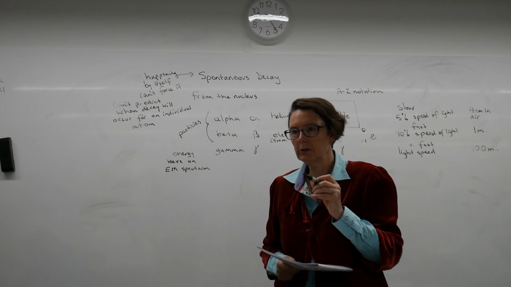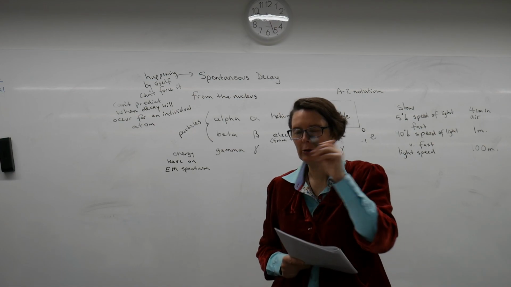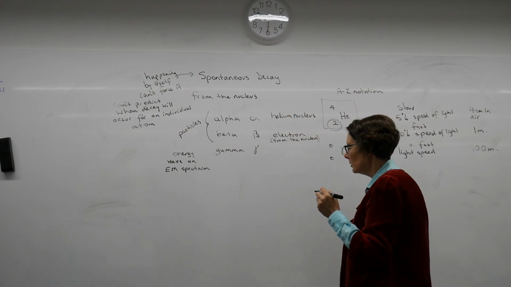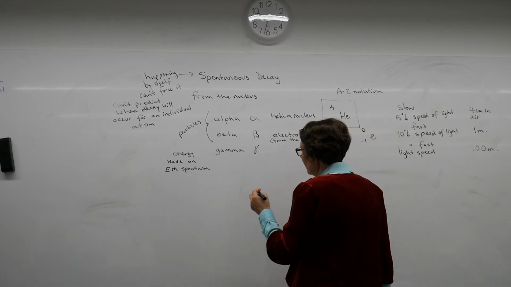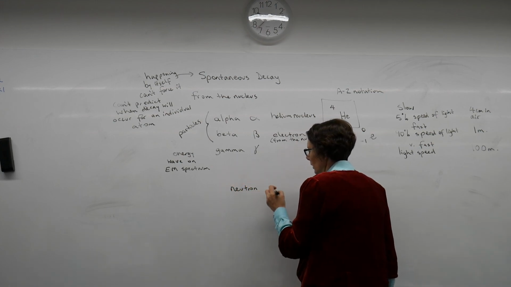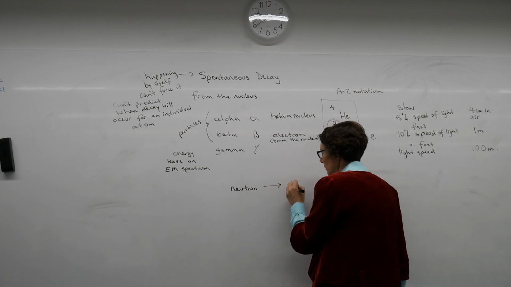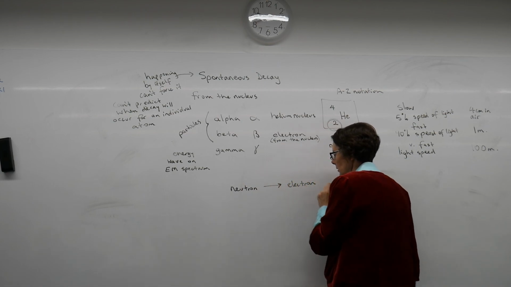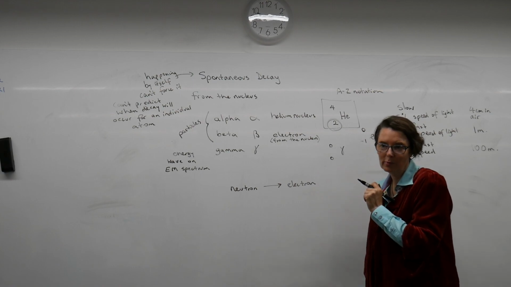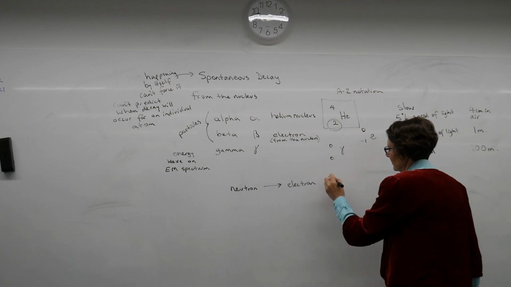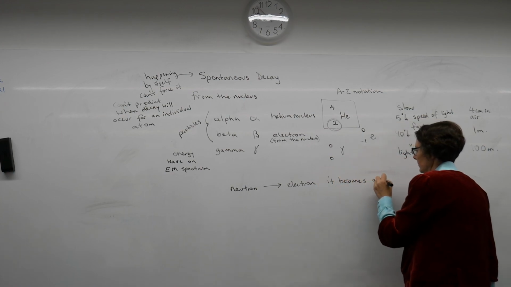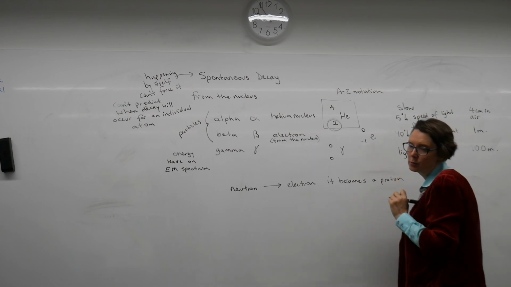It's not coming from the electrons, but if we think ahead, and I'll show you this in a moment, what happens if a neutron ejects an electron? It becomes a proton. And that's what happens.